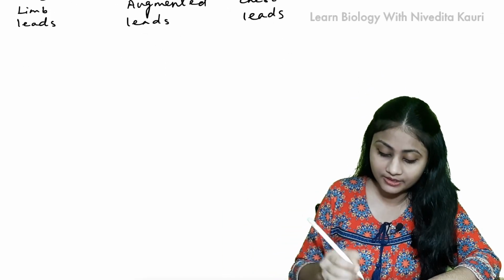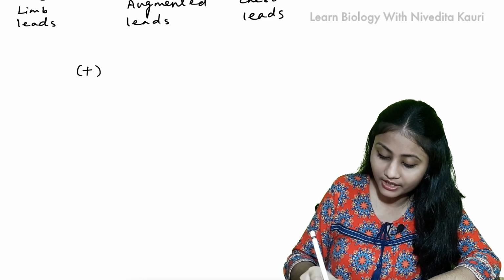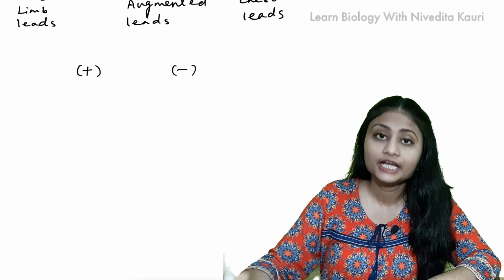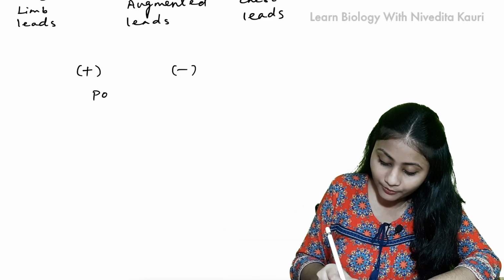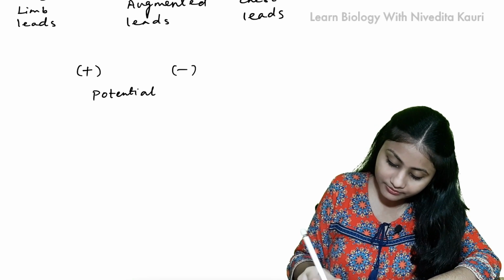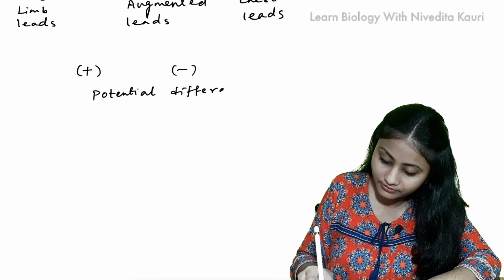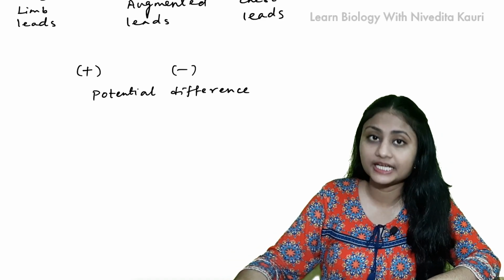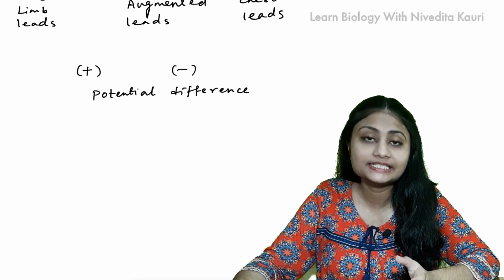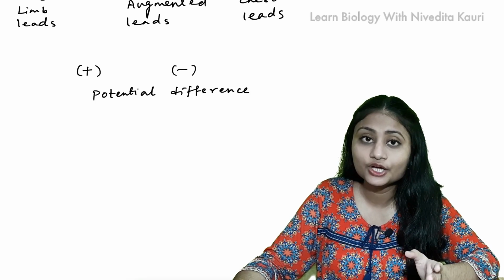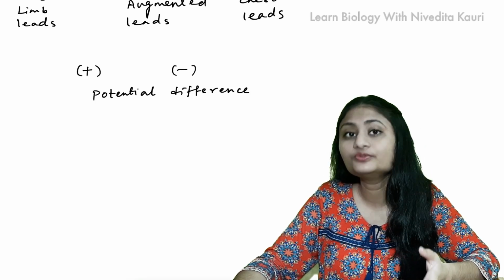Each of the lead has a positive and a negative terminal. The machine measures the potential difference between these two terminals, which is represented as deflection, and we see the result in the form of waves.